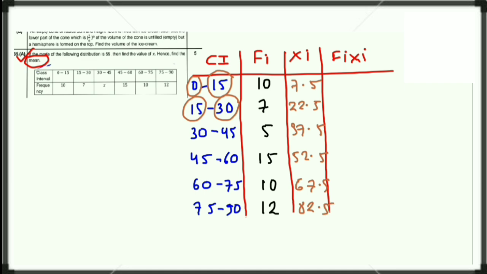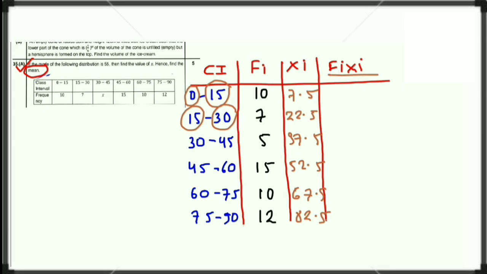Now lastly we have to find fi xi. We can easily obtain fi xi by just multiplying fi and xi, right? And in the first row, fi is 10 and xi is 7.5, and after multiplying these two we obtain 75. Similarly, in the second row, 7 into 22.5. After multiplying, here we obtain similarly.